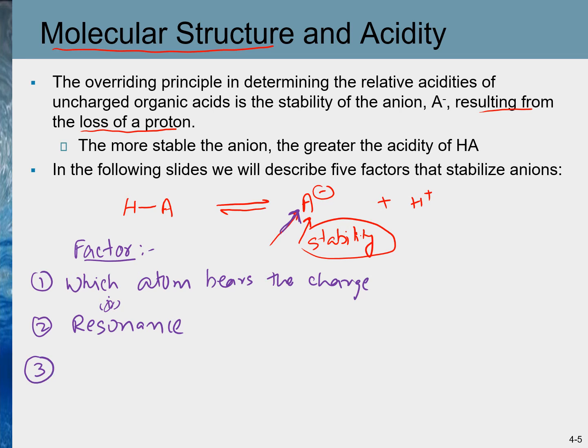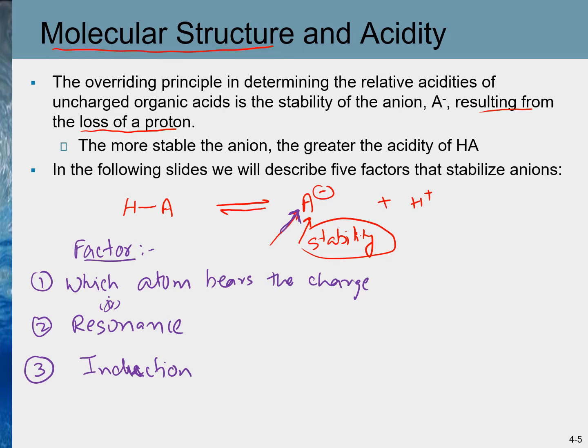And so the third factor which affects the stability of anion A negative is induction. So induction we can explain as having polarity in the bonds. I'll explain induction in detail in a few slides later, but for now just remember having induction also stabilizes the anion.